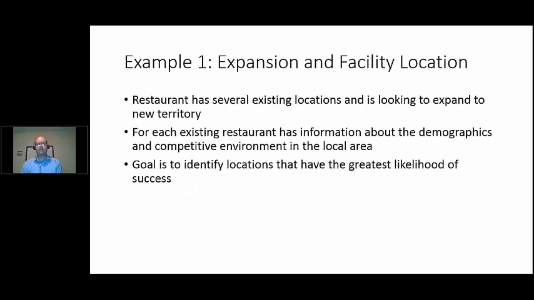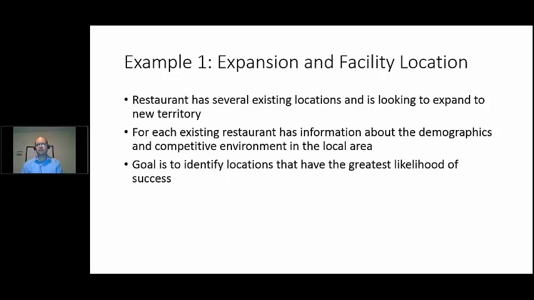So here I have 3 examples that we'll be talking about in the course. Example 1. We have a case study of a restaurant that has a number of existing locations, and they're looking to expand into new territory. So you could think of some kind of a franchise restaurant that has already set up in a number of locations, and now they want to make the best decisions about where they should go next.